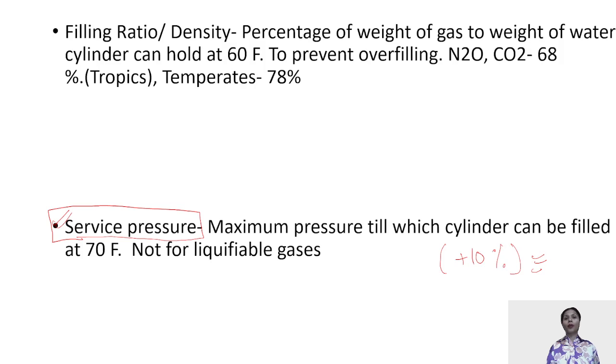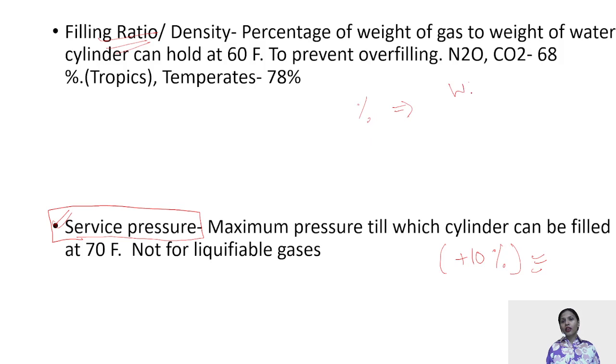But when we talk about the liquefied compressed gases, then we talk about the filling ratios. The liquefied gases are filled using filling ratios, which is the percentage of the weight of the gas to the weight of water that the cylinder can hold at 60 degree Fahrenheit. What is filling ratio?